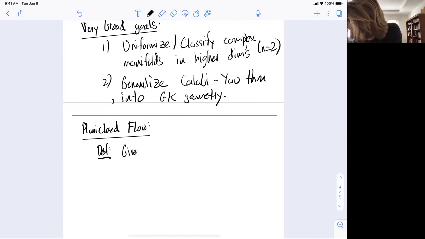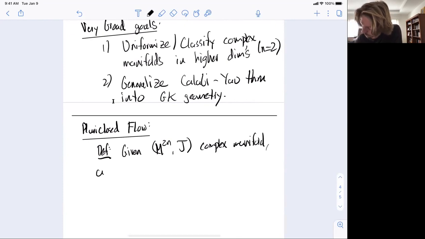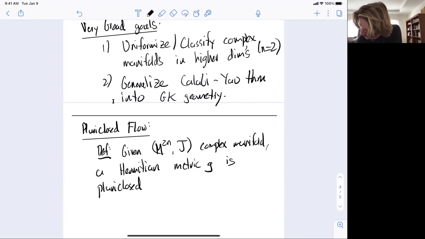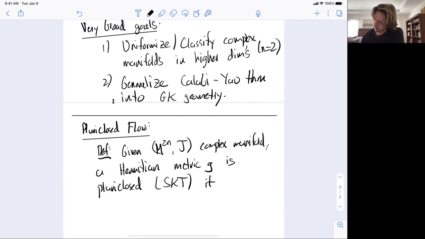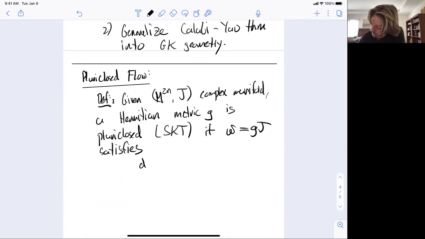So given M, a complex manifold, a Hermitian metric G is pluriclosed, also known as strong Kähler with torsion, SKT, if omega, which again is G J, satisfies d d^c omega equals 0.